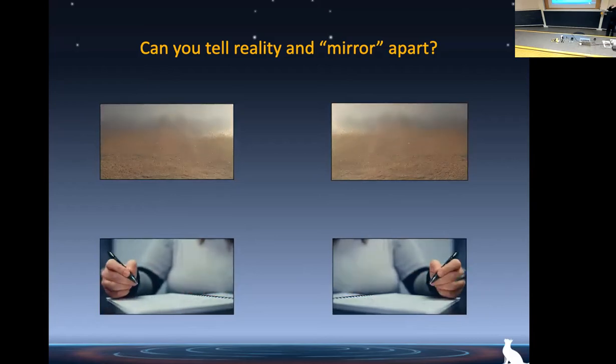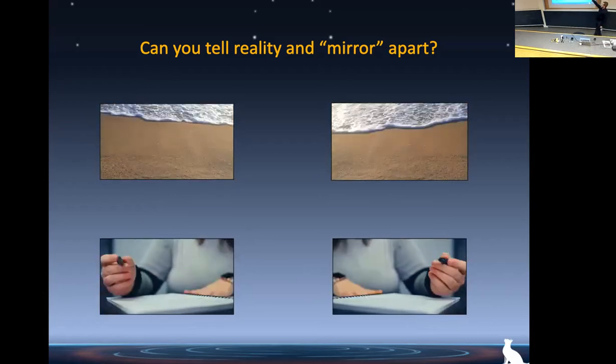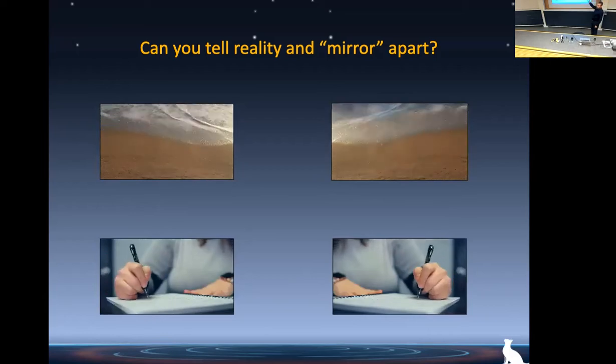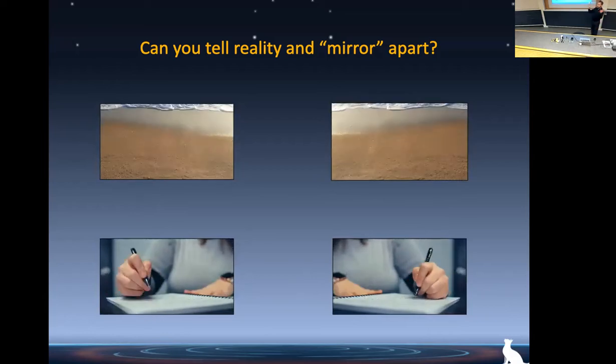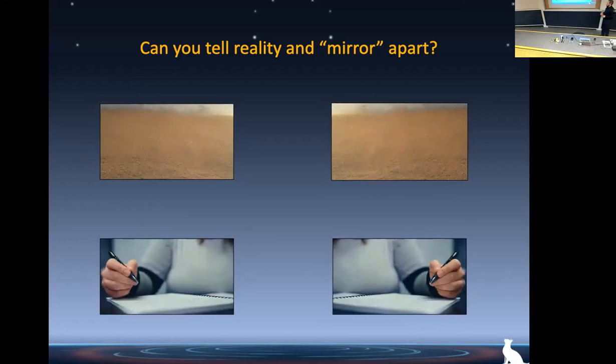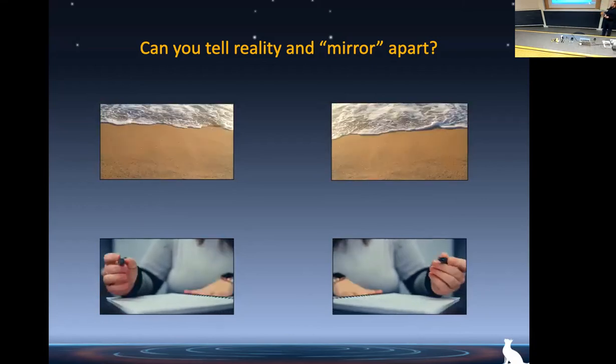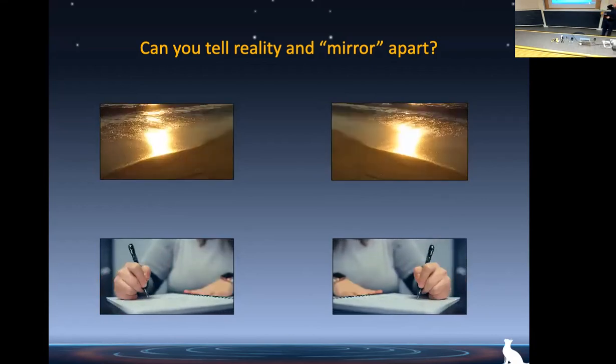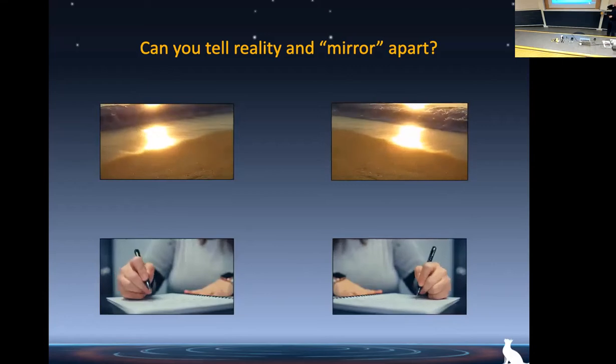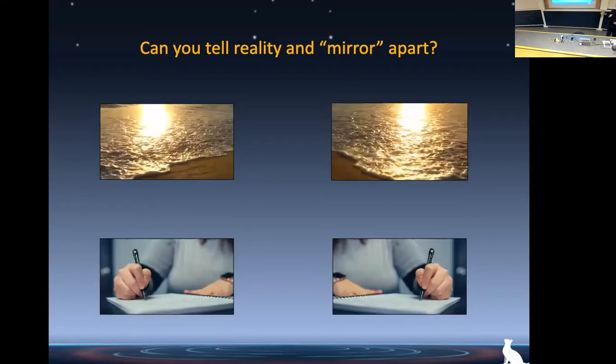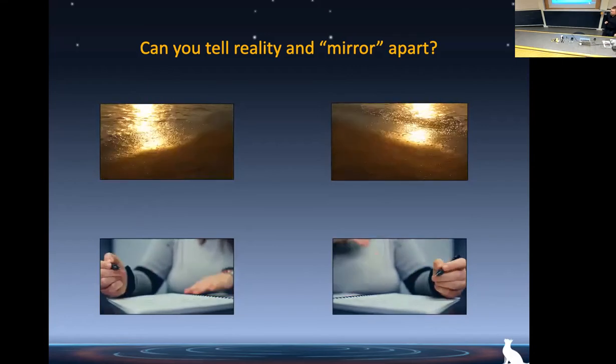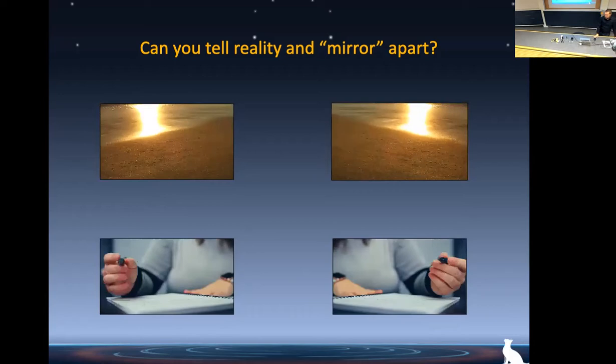One of the two is the original video, the other one is mirrored, flipped. The same goes for the person writing. So let's start with the first example. Do you know which of the two has been mirrored, left and right? Which one is the original movie? Do you have any clue?